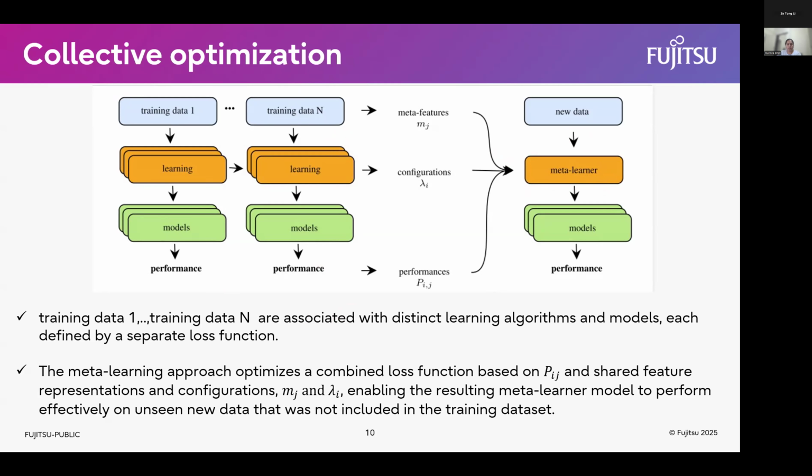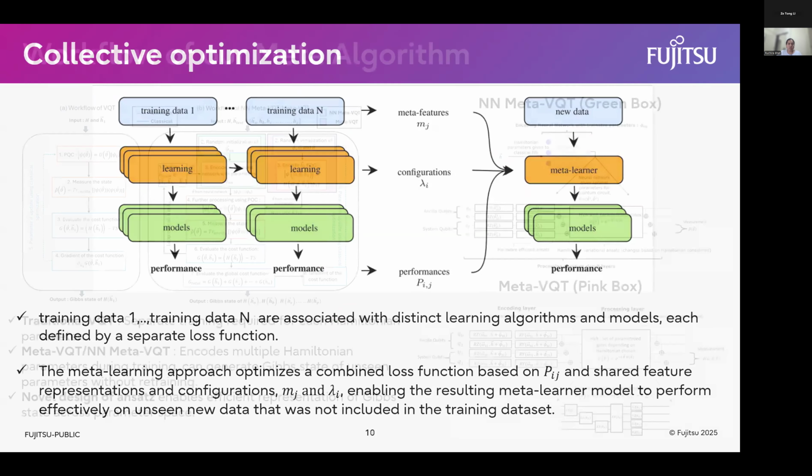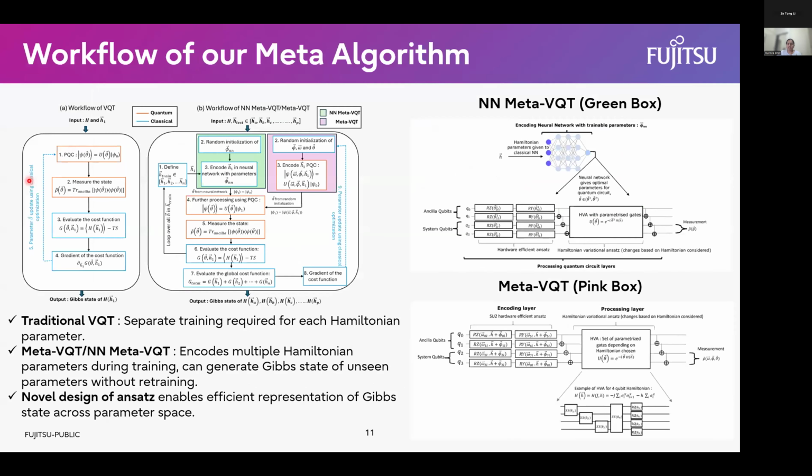If we look at both of these blocks, block A is the traditional way by which we train in order to get the Gibbs state corresponding to a Hamiltonian. If we consider this as a black box, then if we give as input the Hamiltonian and one parameter of the Hamiltonian, we will get as output the Gibbs state corresponding to that parameter only.